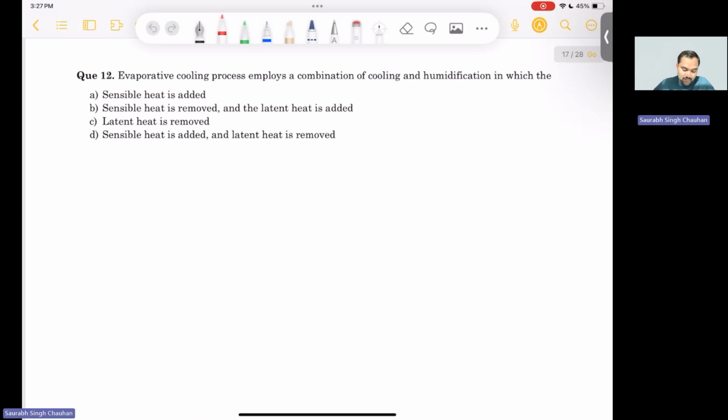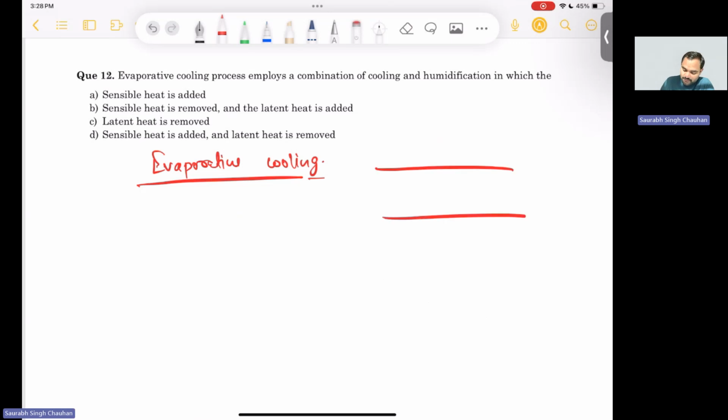The next question says, evaporative cooling process employs a combination of cooling and dehumidification in which, okay, evaporative cooling. So what is evaporative cooling? In evaporative cooling, you are basically injecting some water spray, and when the droplets of that water spray evaporate, they take heat from the surrounding, meaning from the moist air, to get evaporated.